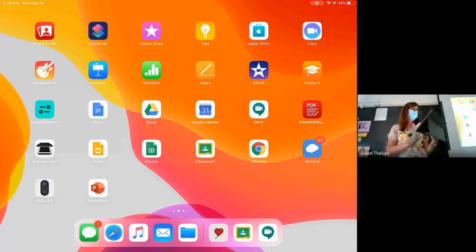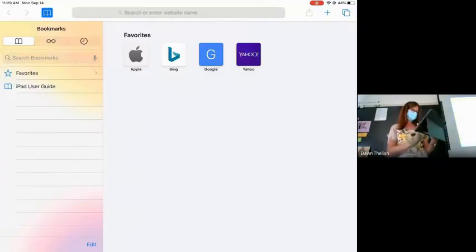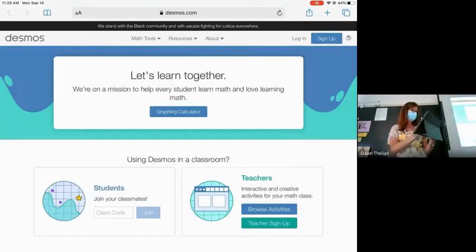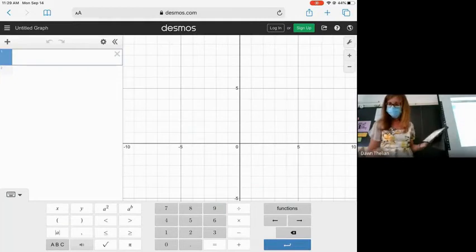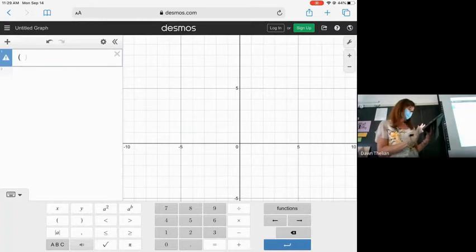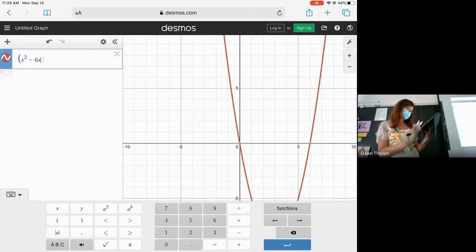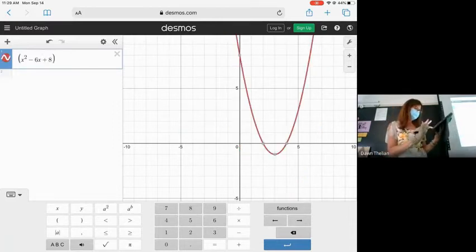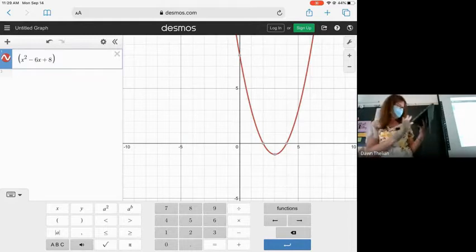Let's try it. So I don't have to switch screens. All right, good stuff. What's my function? x squared minus 6x plus 8, all in parentheses because then it's divided by the entire expression, x minus 2.